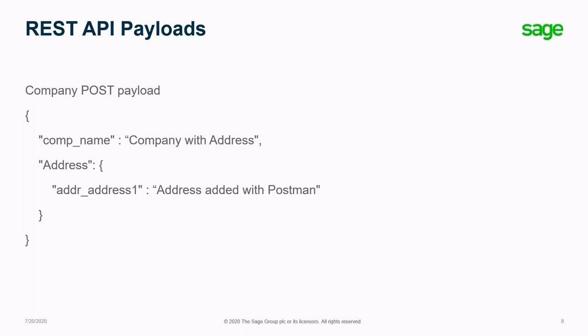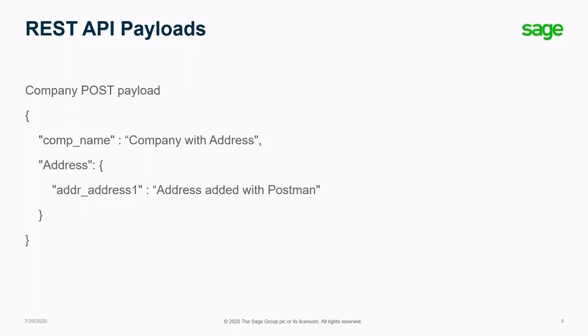You would get an error message back from the REST API if you do not complete these values or if you do not set these values accordingly. It would tell you that these fields are required or that they are blank and they should not be blank. This is a tricky example where not only is a company getting added, but also with that company I am adding an address.